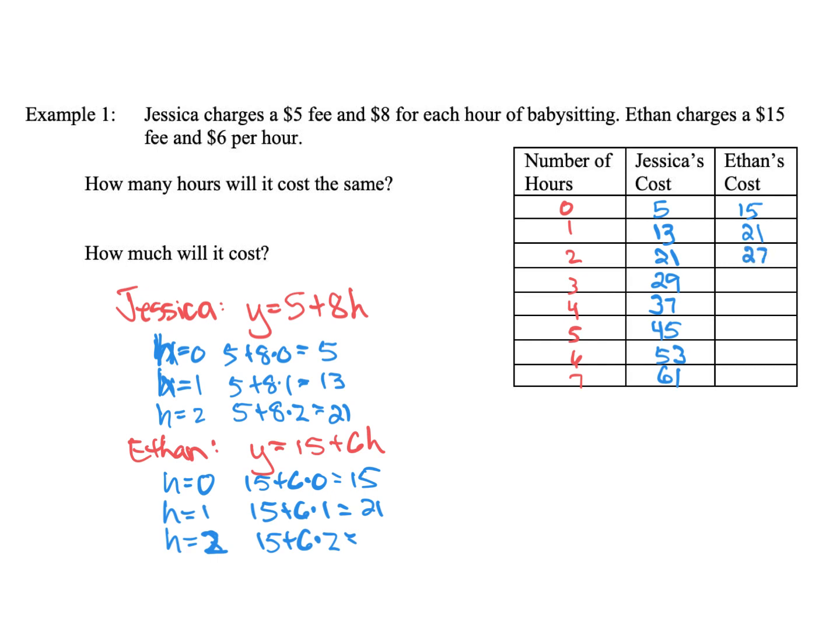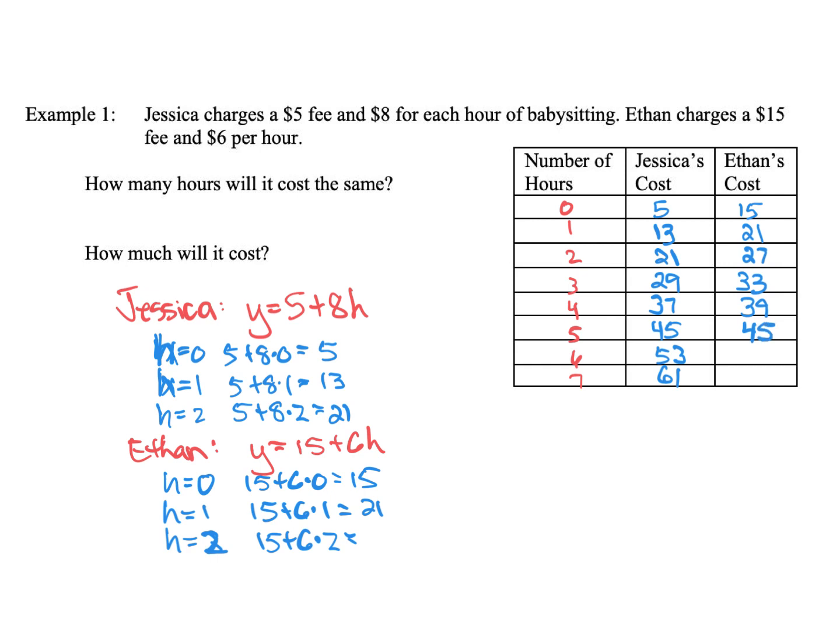Nope, not there. Now let's do 3. 15 plus 6 times 3 is 33. Nope, not there. 15 plus 6 times 4, 39. Kind of getting there. Hour 5. So 15 plus 6 times 5, 45.